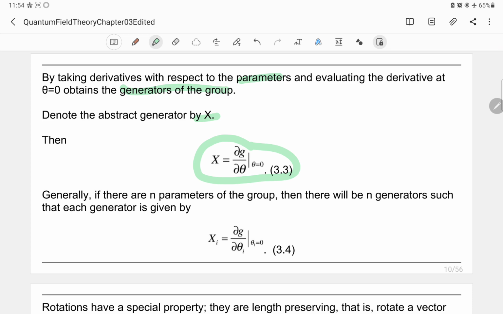In general, for n parameters of a group, there will also be n generators of that group, and each generator is given by this one.